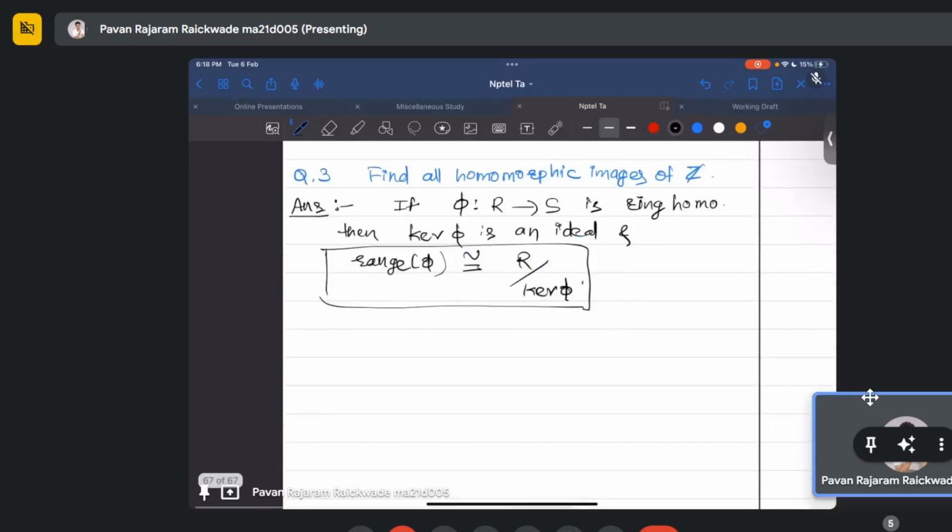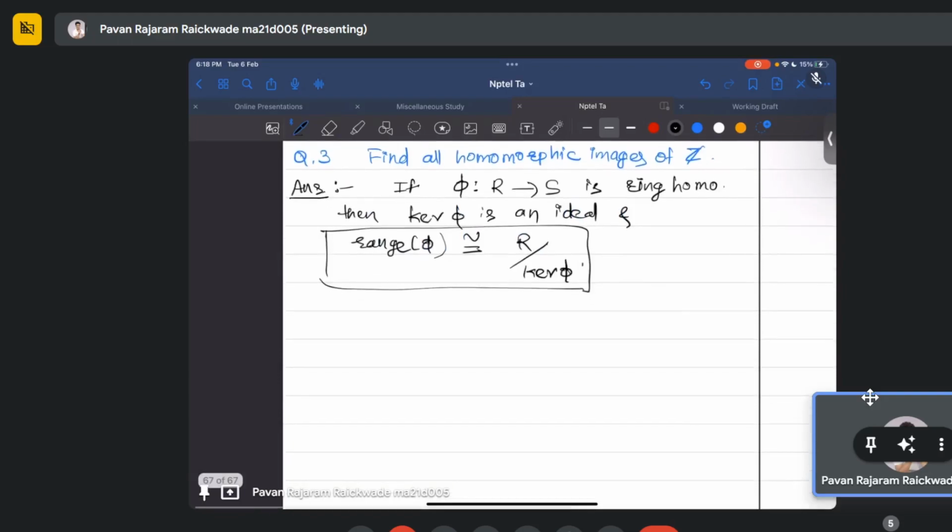So now I want to find the range of phi, I want to find all homomorphic images of Z, so it is enough to find all kernels of phi. Whenever you find all kernels of phi, R quotient kernel phi are the ranges. So the question is basically what are the ideals in Z?